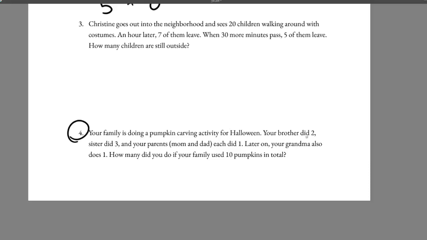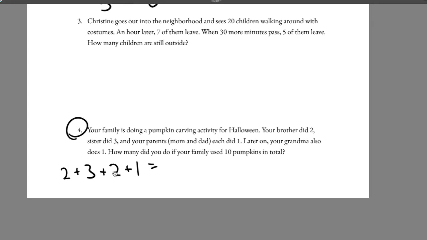Let's first add up the pumpkins that we know are carved. So our brother did 2, our sister did 3, your parents each did 1, which is 1 plus 1, or just 2 for simplicity's sake, and your grandma did 1 as well.